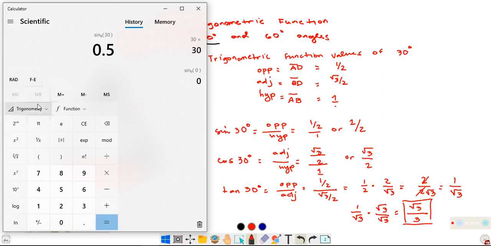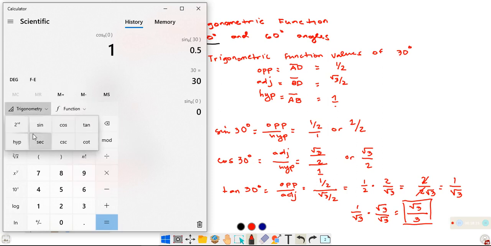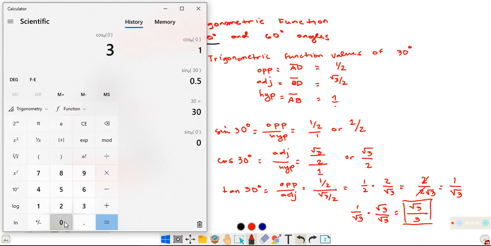Let's move forward to the other one. We have cosine. So, cosine naman, ito lang siya. Yan, cosine. So, pindutin muna natin yung 30 degrees. And then, pindutin natin si cosine. So, you will end up with 0.8660. Approximately equals sa 0.8660 siya. Ngayon, tingnan natin kung tama itong square root of 3 over 2 natin dito sa kabila.